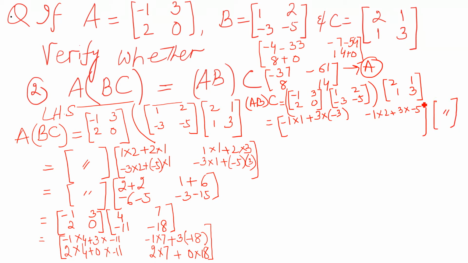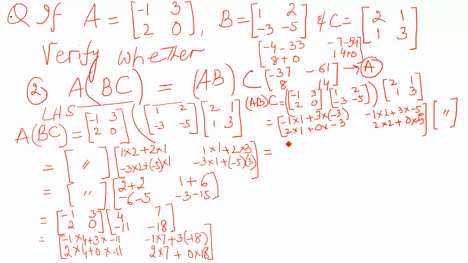We do not have to solve this C. So 2 multiplied by 1 plus 0 multiplied by minus 3, and 2 multiplied by 2 plus 0 multiplied by minus 5.